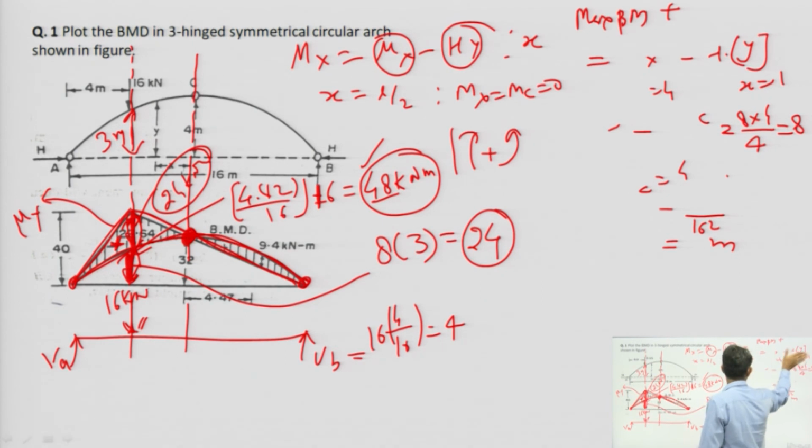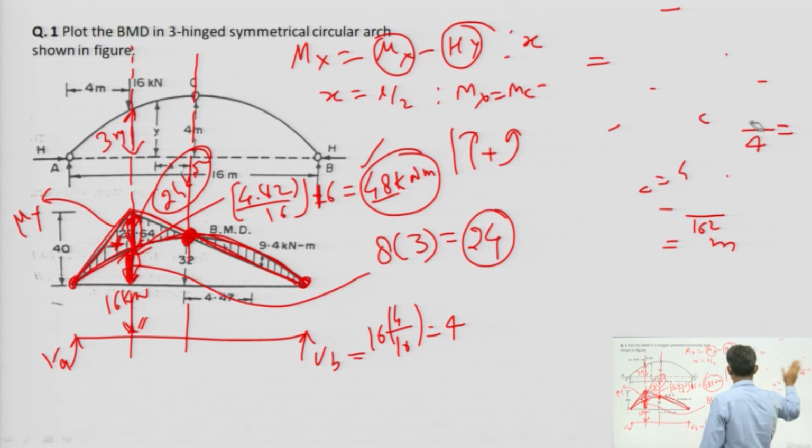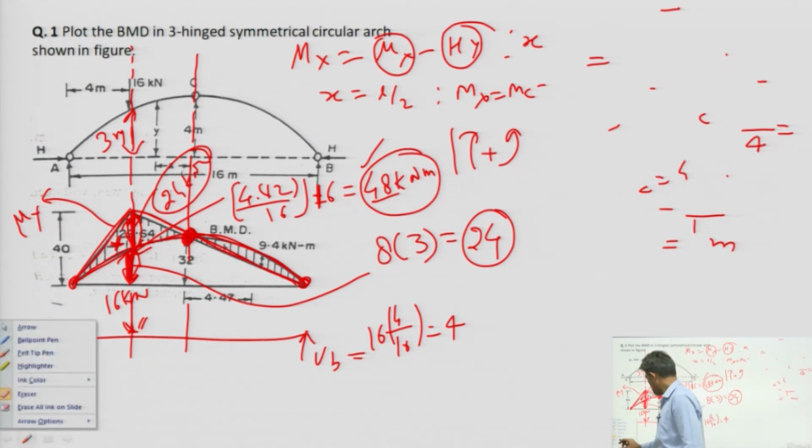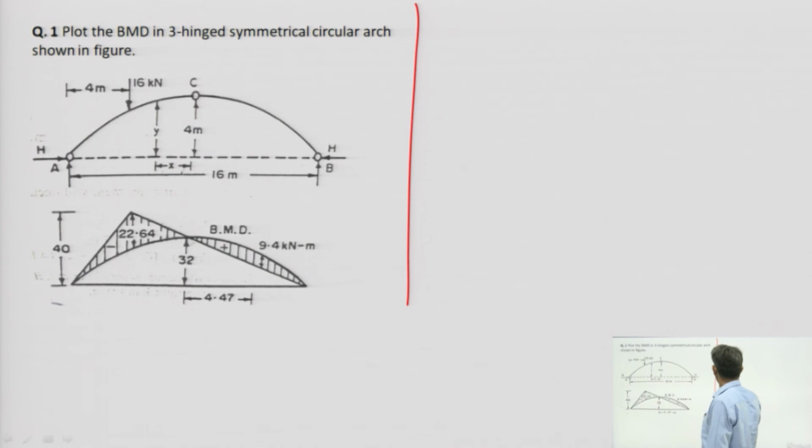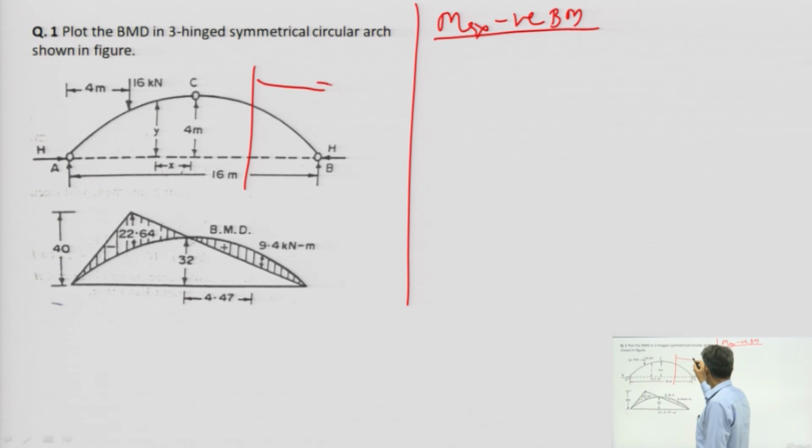For maximum negative bending moment, we need to calculate the moment at x from point B.